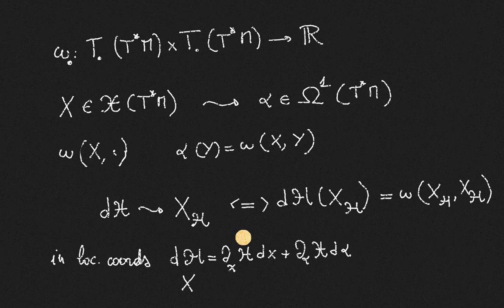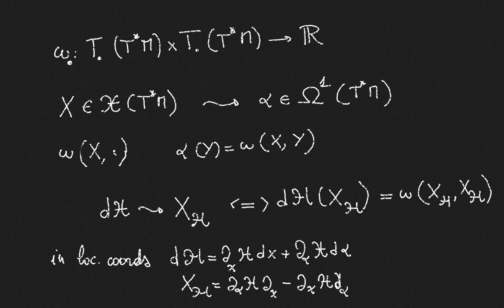Whereas x of h is the alpha derivatives times partial x minus the x derivatives times partial alpha. So you can clearly see that if you apply this form to this vector field, you don't need any bilinear thing to do that. You just pair the vector field with the form.